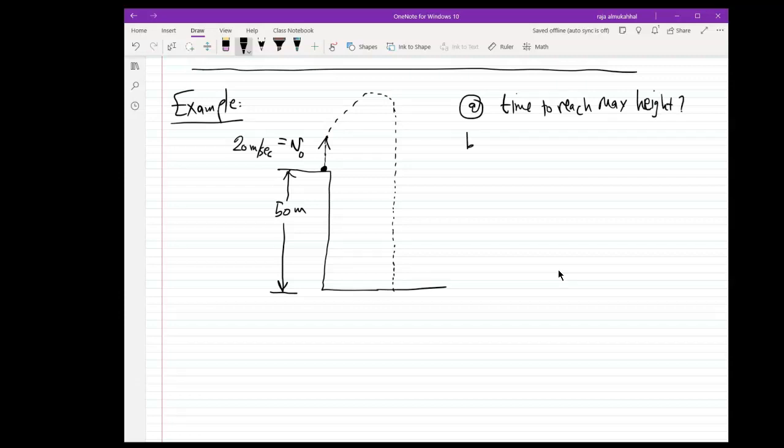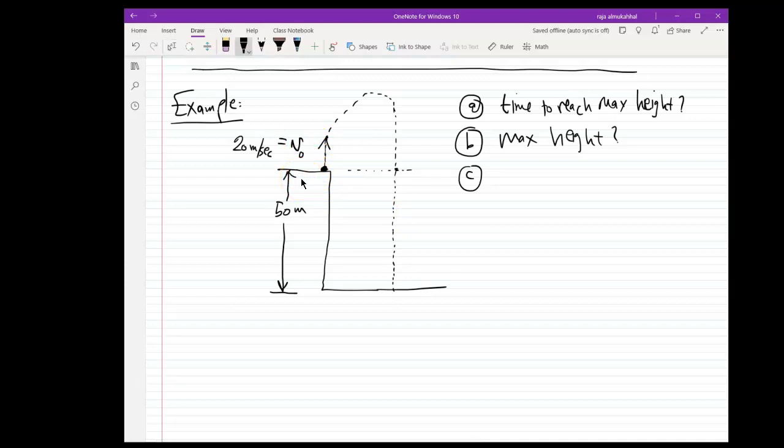And part B, I'm going to write down all the questions. What is the maximum height? And C, the time to return to the level of the thrower. Remember, the thrower is right here.